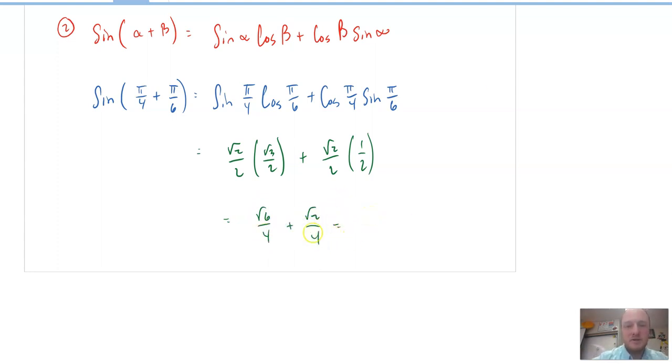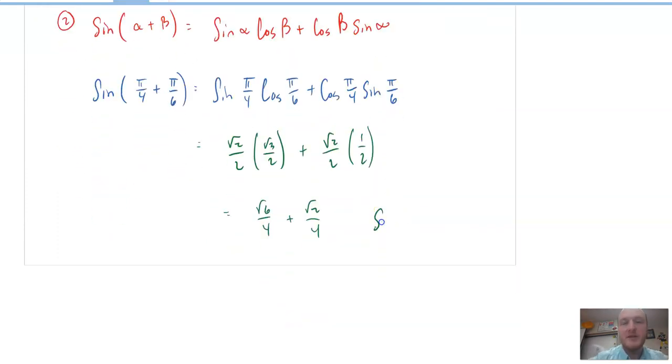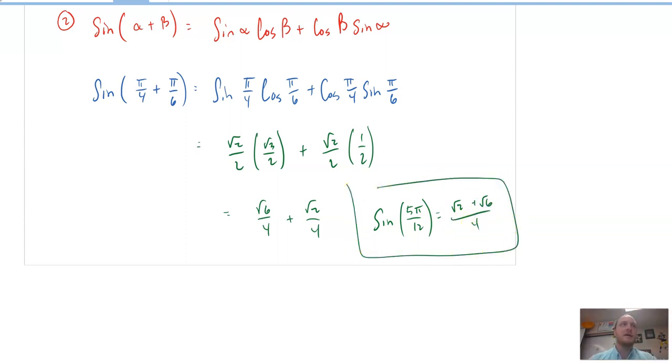So here is our answer. I keep wanting to write cosine, but this is a sine problem. So sine of 5 pi over 12 is equal to root 2 plus root 6 over 4. And there you have it.